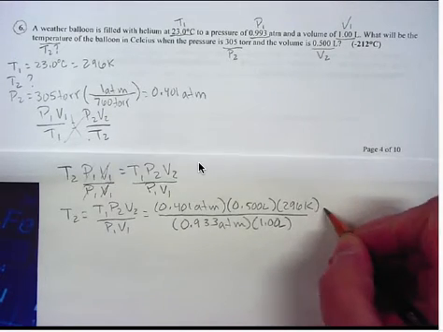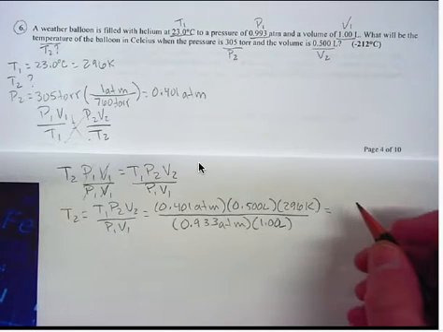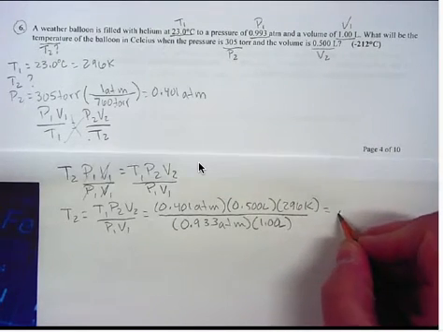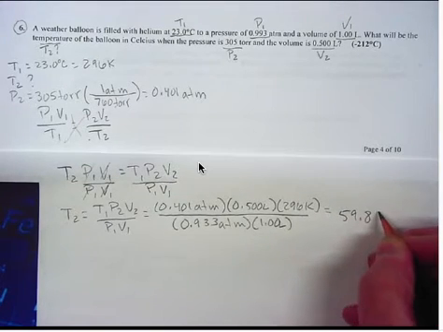And when you multiply those across the top and divide by what's on the bottom, you would end up with 59.8 Kelvin.